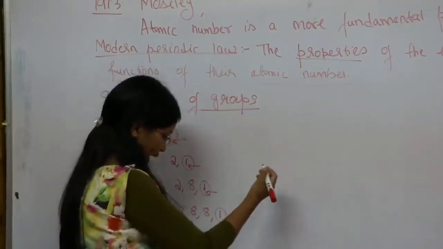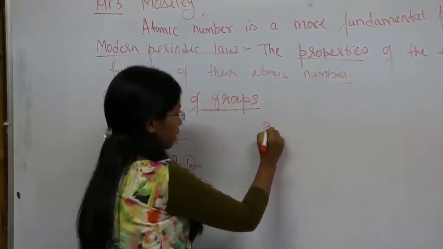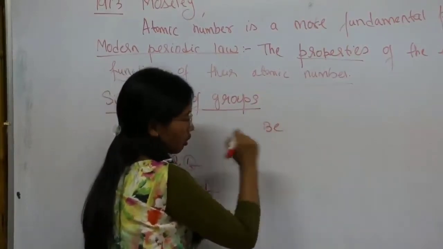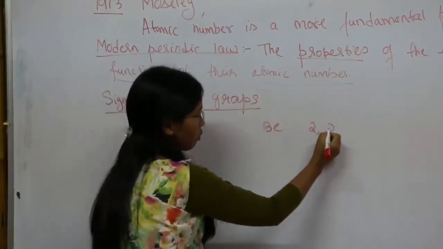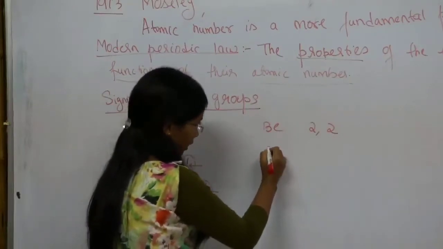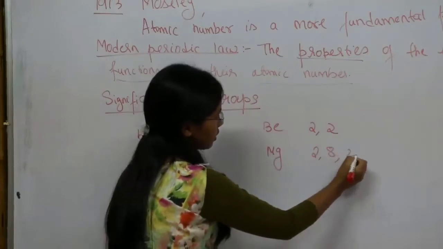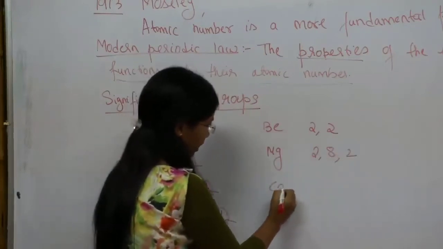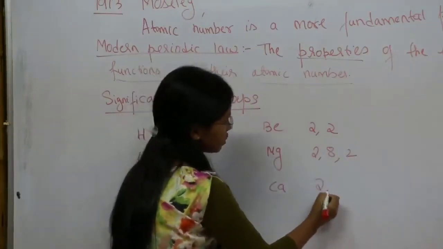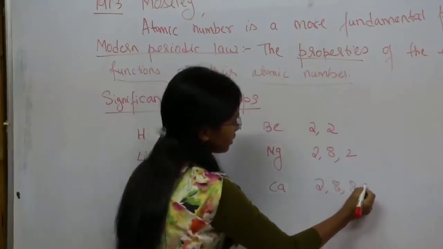In group 2 we have beryllium. Beryllium has atomic number 4, so we'll get 2, 2. And then we'll have magnesium, which is 12, so 2, 8, 2. And then we'll have calcium, which is 20, so 2, 8, 8, 2.